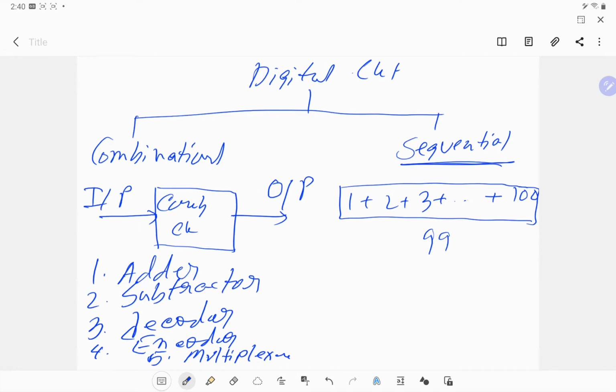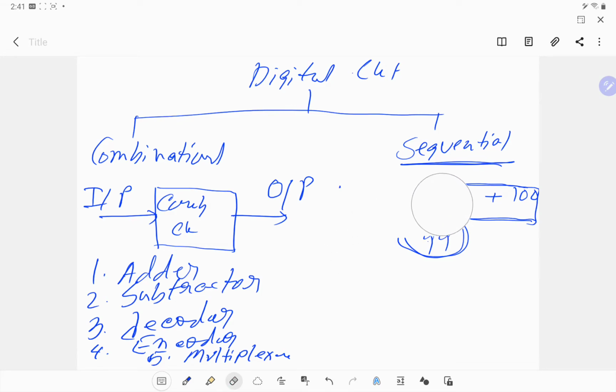Now if we want to design such a circuit, then we need 99 adders, 99 combinational circuits. Instead, we can use a single adder, the same adder, 99 times. This is the principle of the sequential design.